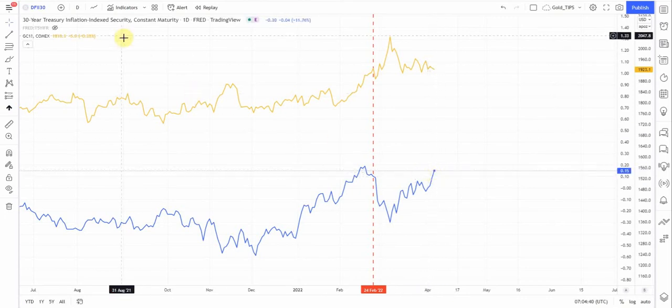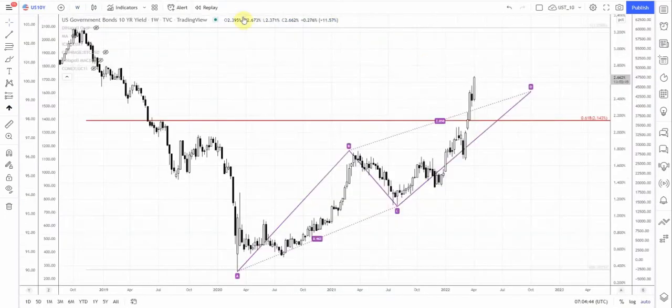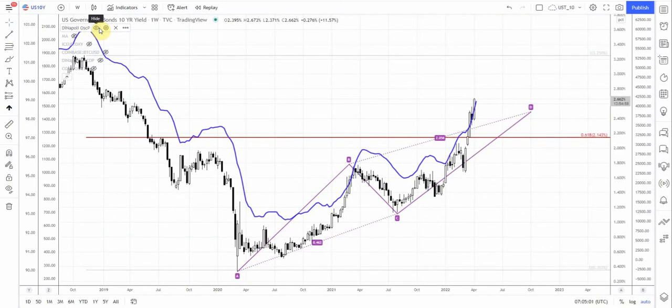If we take a look at the nominal yields, which is the 10-year yield, you can see what's going on here. Our suggestion, based on the technical picture, was that the market should keep going higher. Now you can see it, 266. So another upward week despite the overbought on the weekly chart, this is the weekly chart, guys. On the monthly you could see the same, on the daily even more.